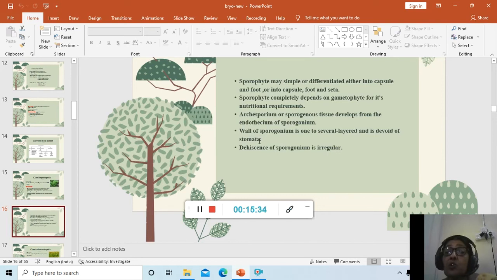And the archisporium or sporogenous tissue develops from the endothecium of the sporogonium. That's very important. The wall of the sporogonium is usually one or several layers, and it is devoid of stomata. And the dehiscence of the sporogonium is irregular.